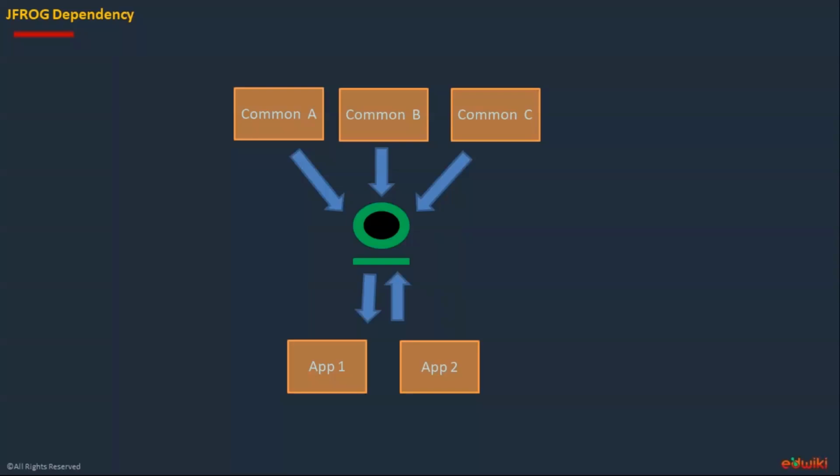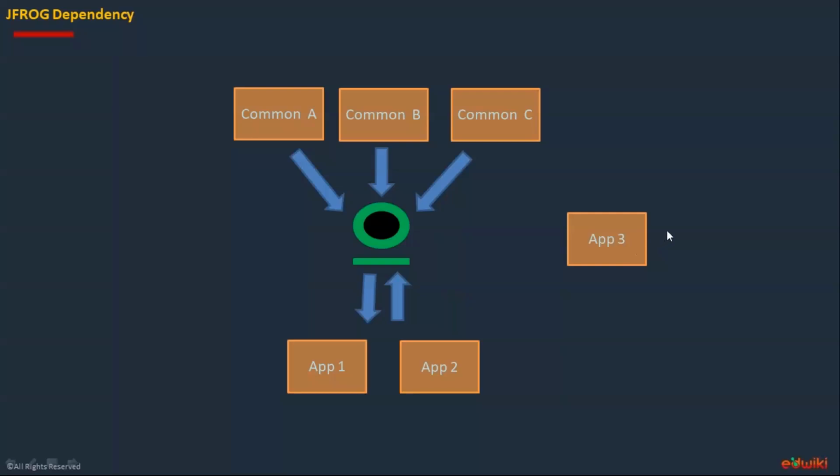Yes. So the way common A, common B, common C are dependencies for application 1 and application 2, possibly the application 1 artifact may be a dependency for some other application. Let's say I have one other application called application 3.